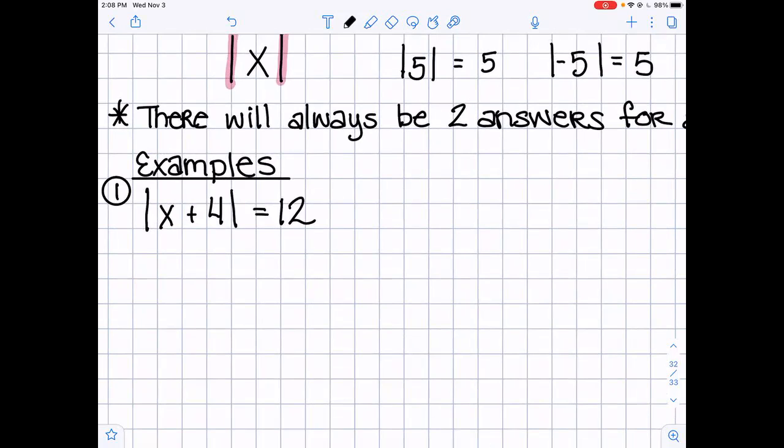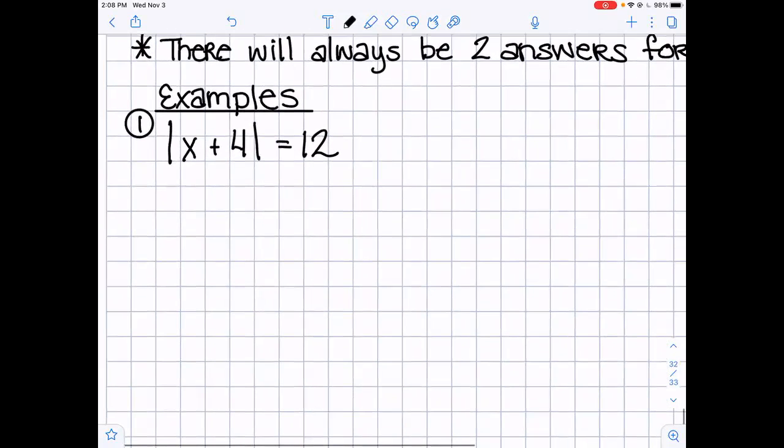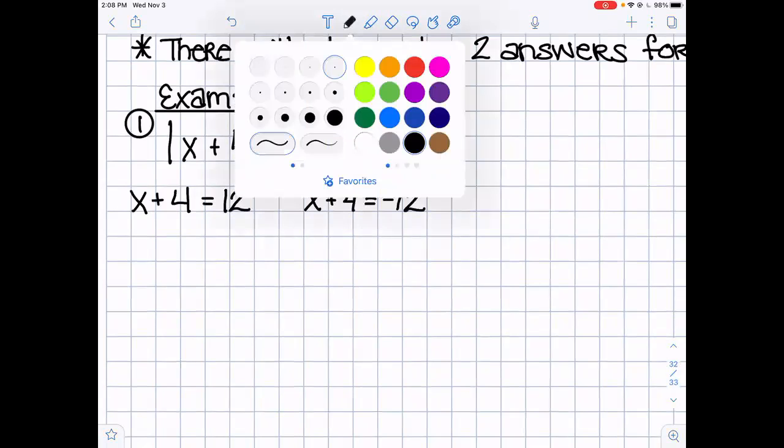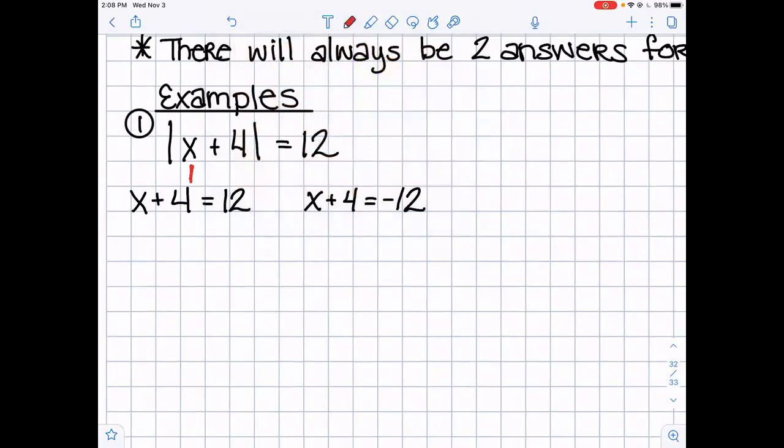So if it's 12, it could be +12 or -12. So we have to set up 2 problems. So you have x plus 4 equals 12. And x plus 4 equals -12. Okay, so you should have a positive answer and a negative answer. This is how we're always gonna get two numbers.